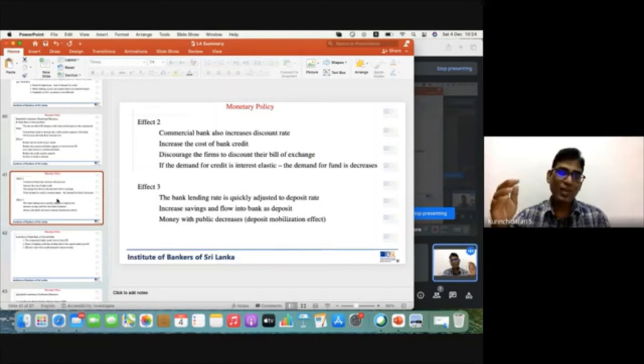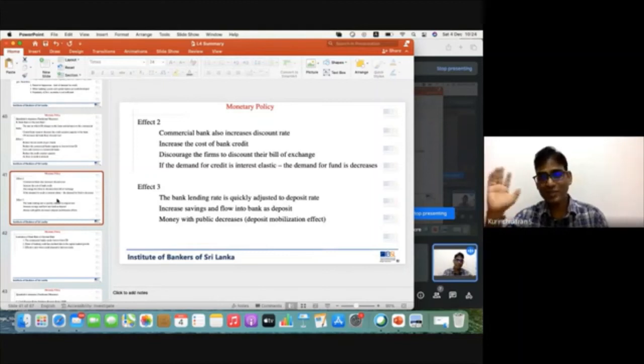Right? So what will happen to the deposits? The bank lending rate is quickly adjusted to the deposit rate. So that means the deposit rate will increase. So people will save more, and the money flows into banks as deposits. So the money with the public decreases.